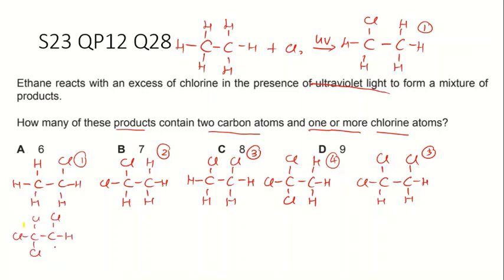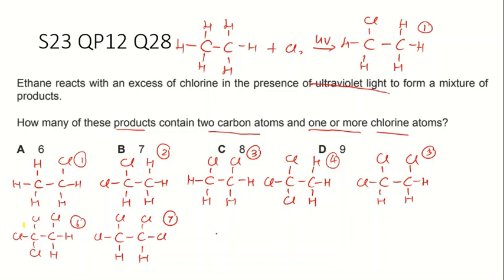H. So this is our product number 6. Now again, I want to distribute these 4 chlorines equally to the 2 carbon atoms. This is number 7. 6 and 7 are different. Again, you have 3 chlorines bonded to 1 carbon and another one on the right, and this is 2 chlorines on each carbon. So they are different molecules.